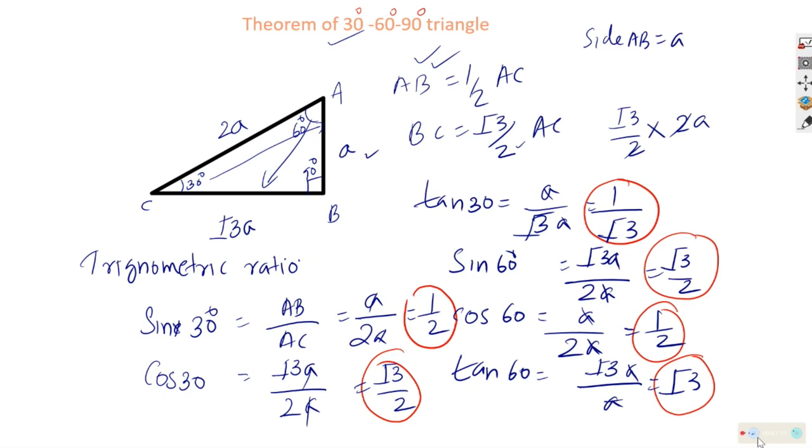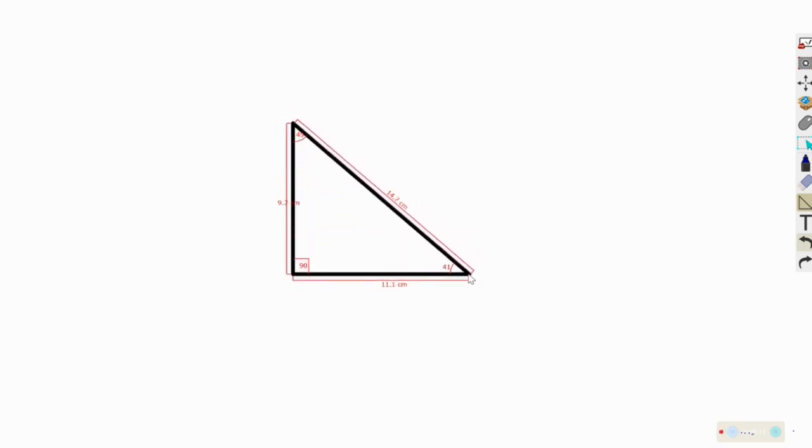Let us apply the same principle in the case of a 45, 45, 90 degree triangle that you also studied in the triangle chapter. How would it be? Let me make a triangle.